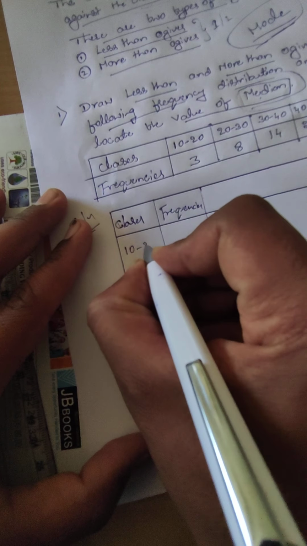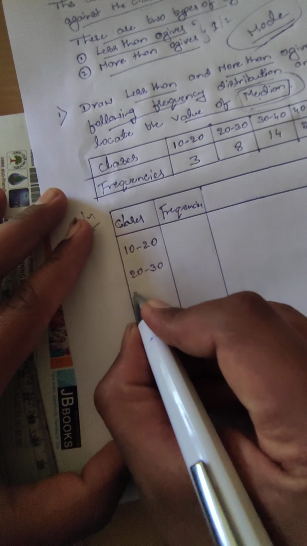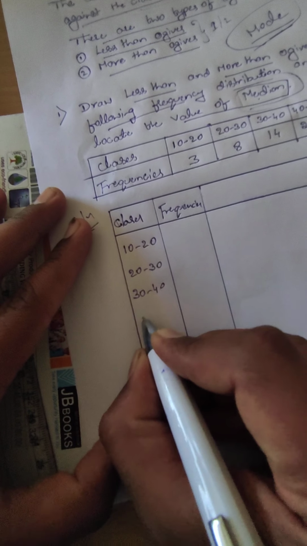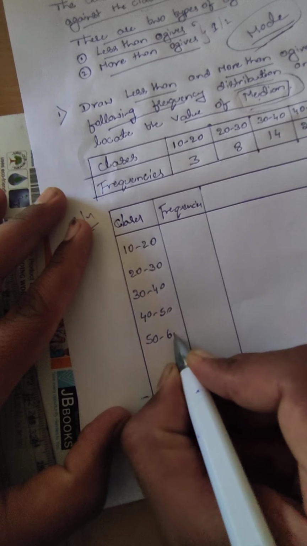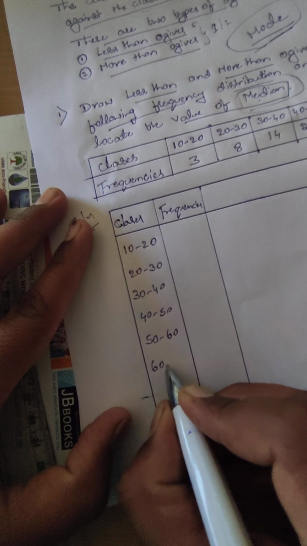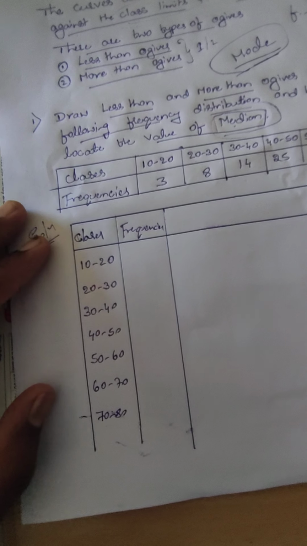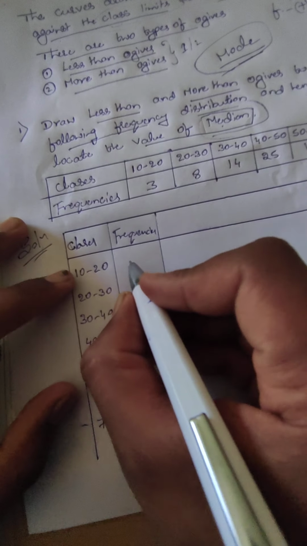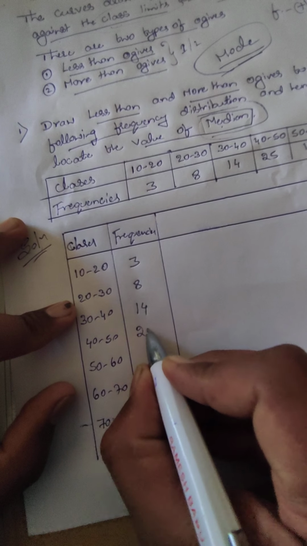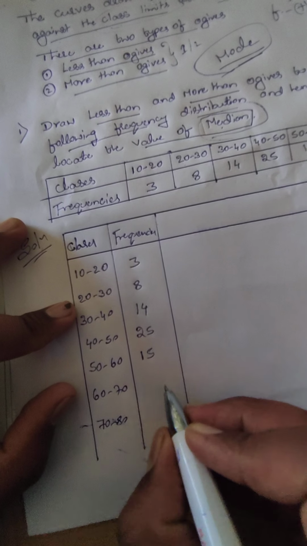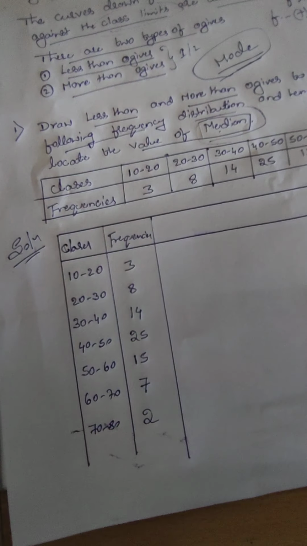Classes: 10 to 20, 20 to 30, 30 to 40, 40 to 50, 50 to 60, 60 to 70, 70 to 80. Next they have given the frequencies: 3, 8, 14, 25, 15, 7, 2. So this is the given information.